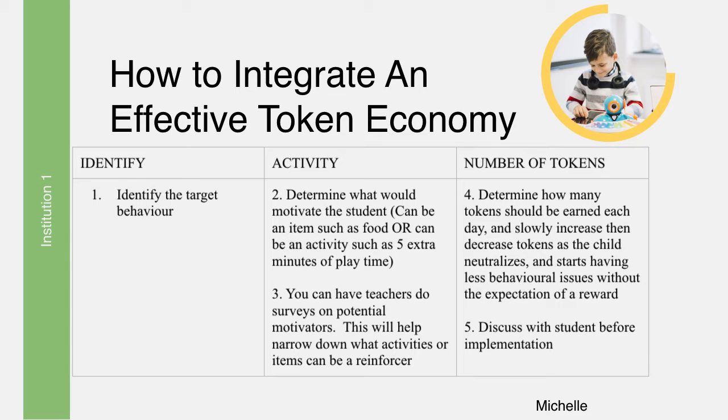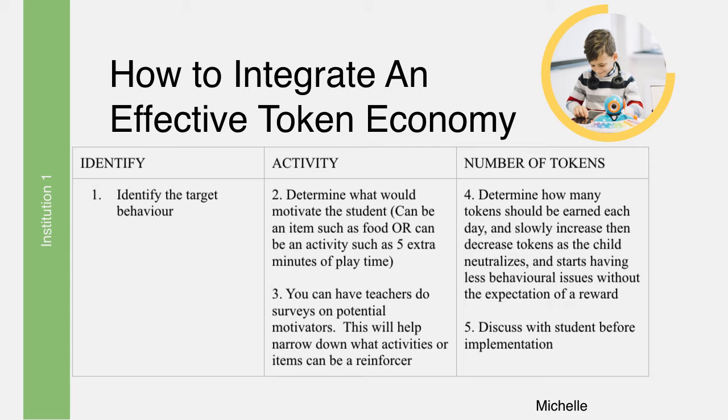So the last part would be discussing this entire token economy with the student, which actually is really the first thing you want to do. So you want to inform the student. So I'm going to reverse this. You should definitely talk with the student beforehand on what is expected of them, so they know what they need to do in order to get the quote unquote rewards.